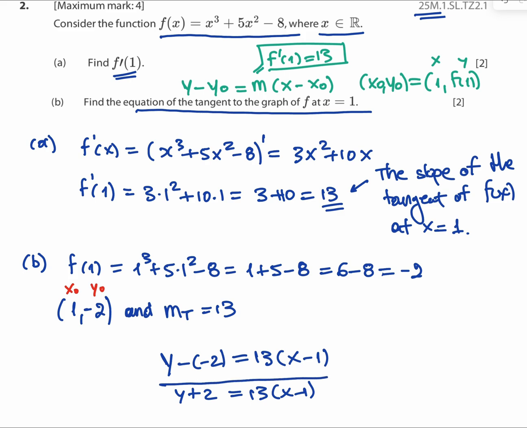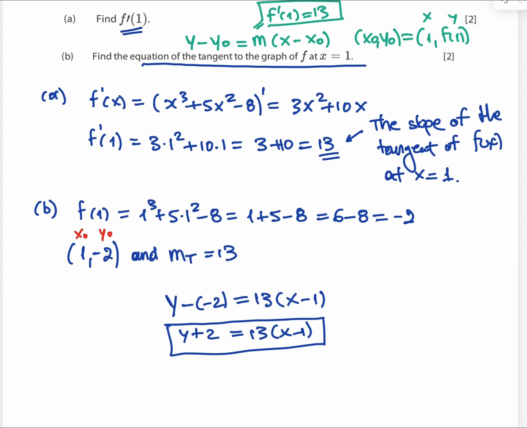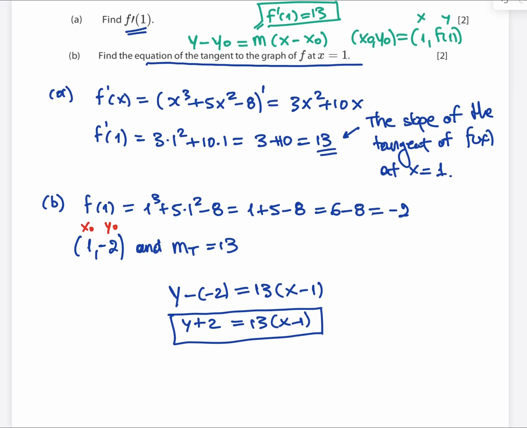Now here the question is not asking you to put it in the format y equals mx plus c, so that would be considered a full answer, and it's going to give you full marks. In case, though, you've been asked to put it in the format of y equals mx plus c, all you have to do is just expand the brackets and solve for y.